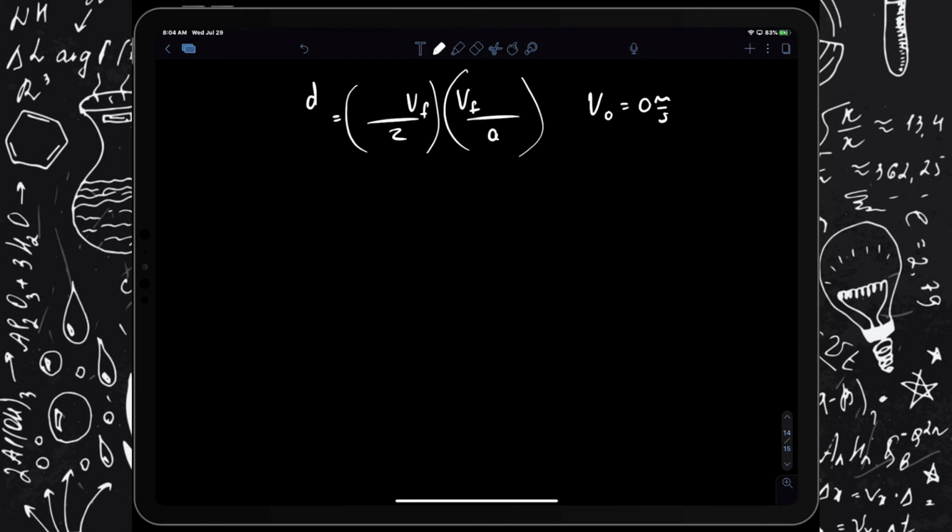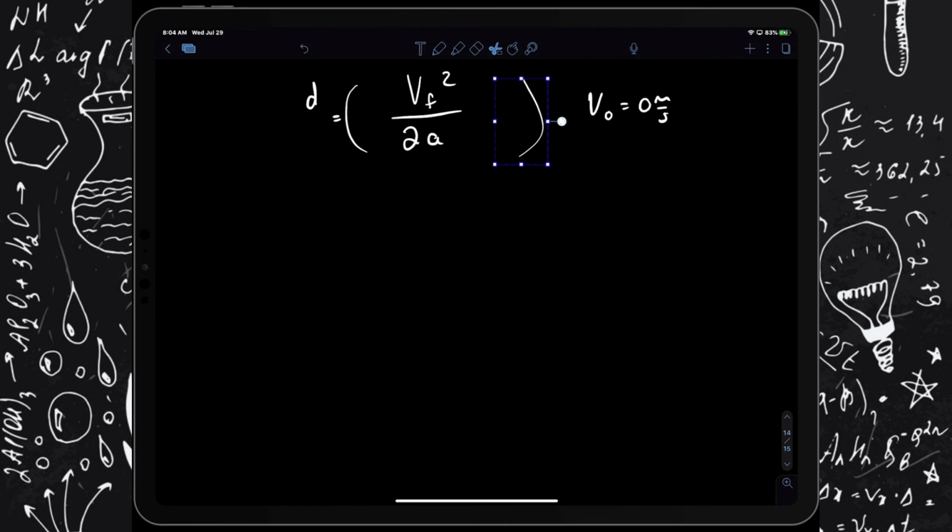Our numbers here, if we multiply these two together, on the top, if you multiply VF times VF, you end up with VF squared. And on the bottom, if we multiply those two together, you end up with 2a.